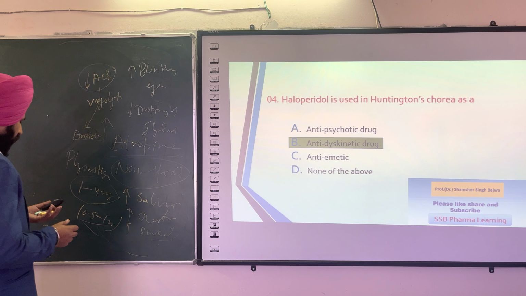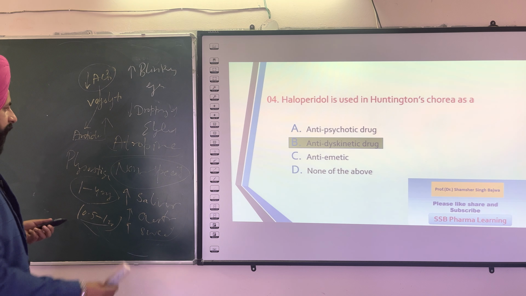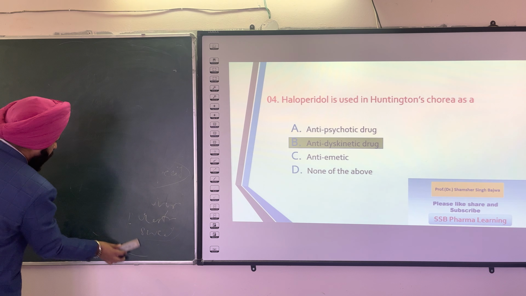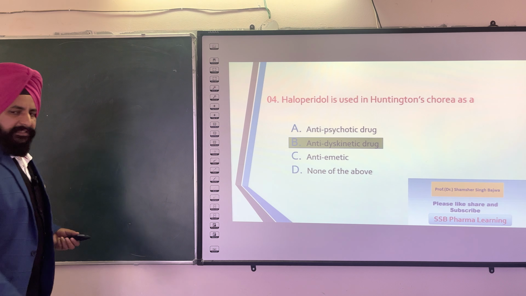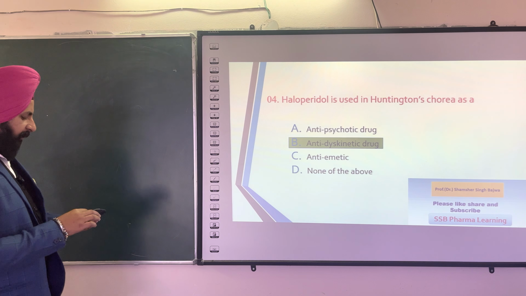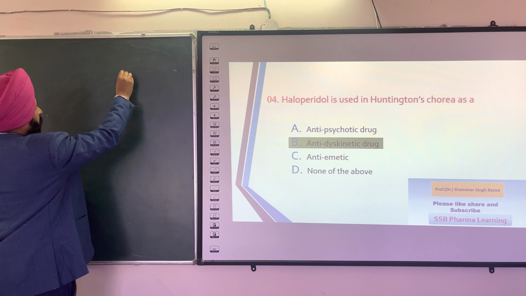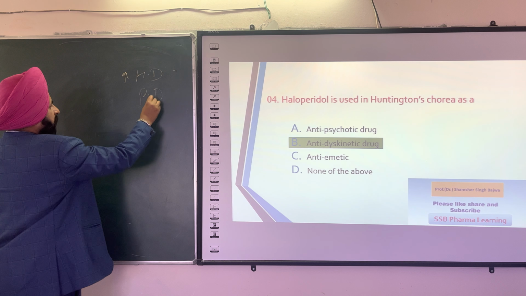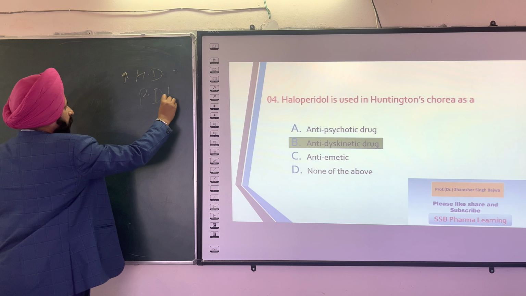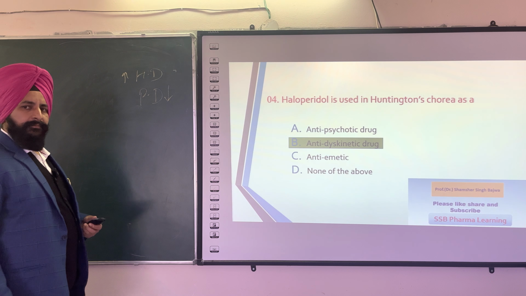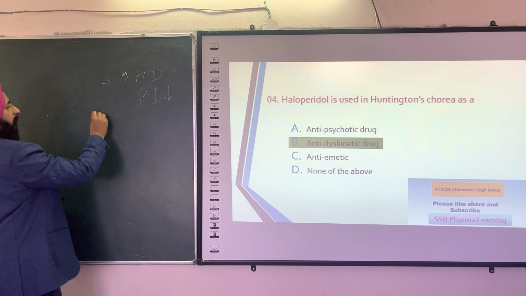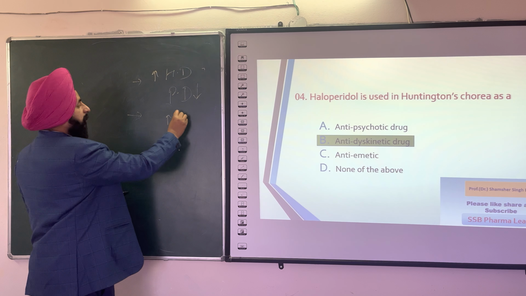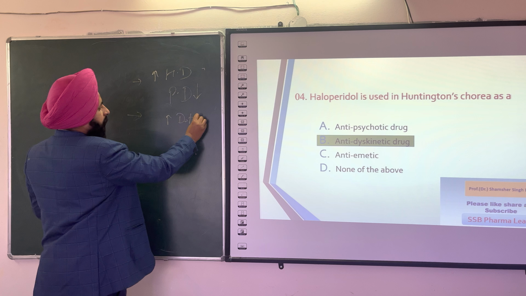Now there are some questions you can remember in case of Huntington. The first question they can ask you, in which case is the level of dopamine increased. The first thing is Huntington disease, because in Parkinson disease its dopamine level is reduced. The second question can be, why is there a chorea-like movement. This is due to increased dopaminergic activity.